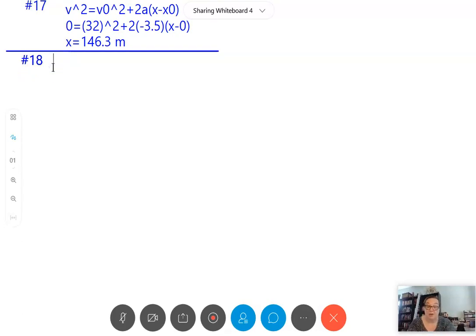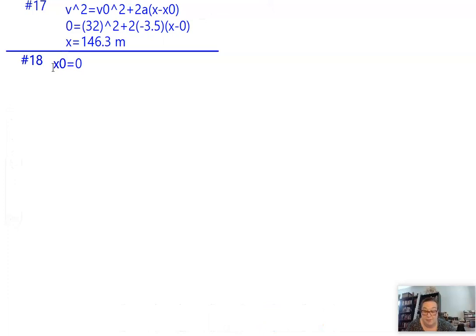So for this one, I know that my x initial I'm going to call 0, and my y initial is going to be 22 meters. My x final is going to be 100 meters. And my y final is going to be 0. My velocity initial in the x direction is what I'm trying to find.